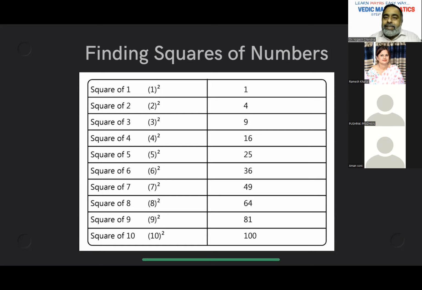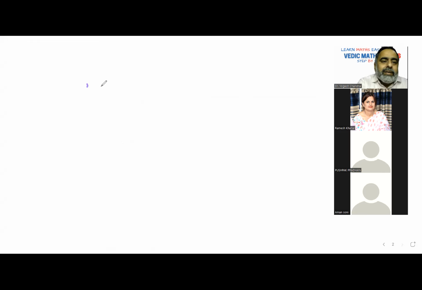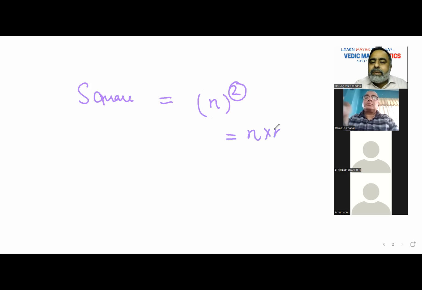So what is a square? A square is a number multiplied by itself. So when we talk about square, it is represented by, if n is a number, n raised to power 2. So this 2 says that n is multiplied 2 times, or n is multiplied by itself.